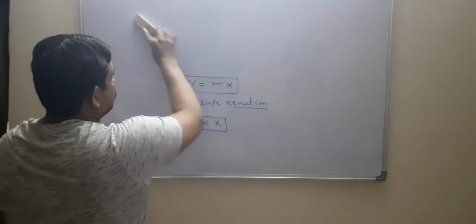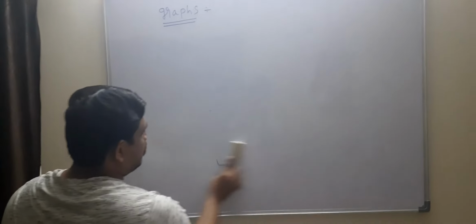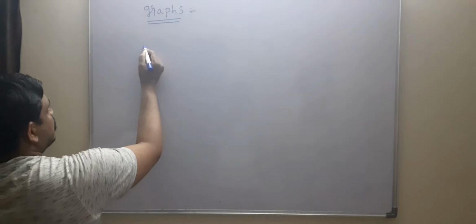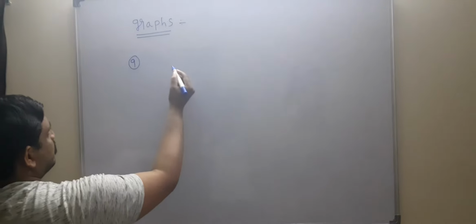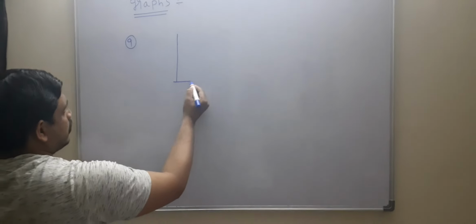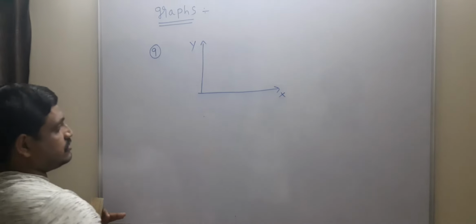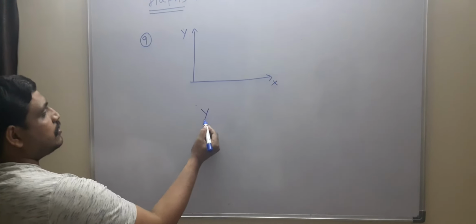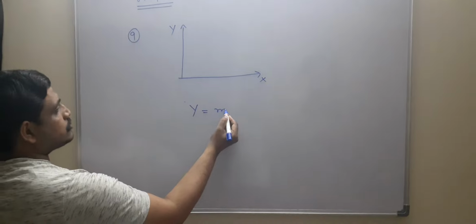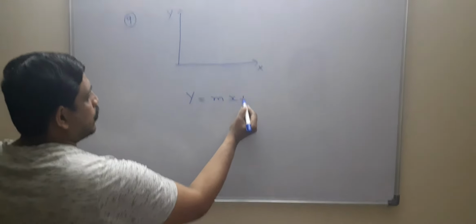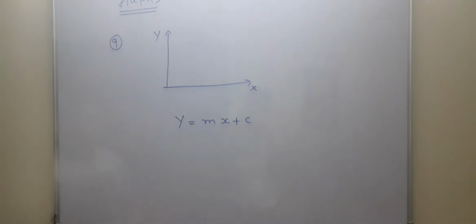Next, the ninth graph. Look here, Nana. Graph number 9. Look carefully. This is the x-axis. This is the y-axis. This is a very important equation. This is also called the slope equation. y equal to mx plus c.